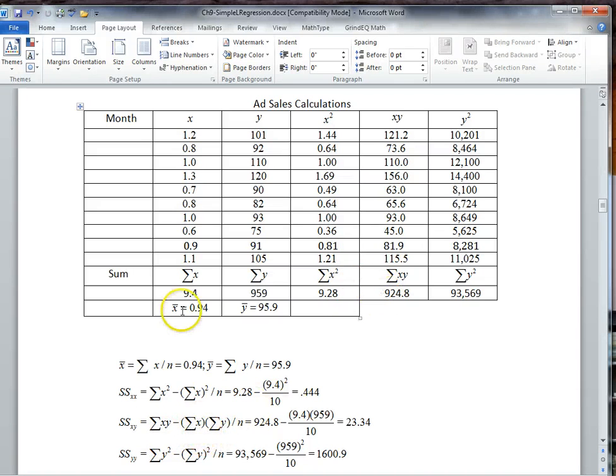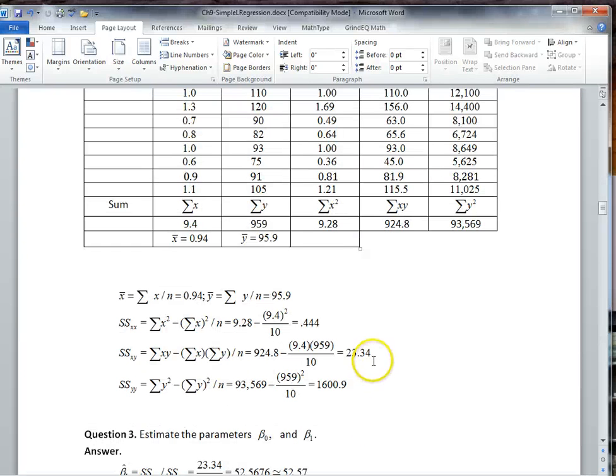Sigma x is the 9.4 times sigma y, the 959, divided by n, which is 10. Simplify, get the answer here. And the SSYY, similar to this one here, so I get sigma y squared is this number here, goes there, and that's my sigma y. I square it, divide by 10, I got this number here.